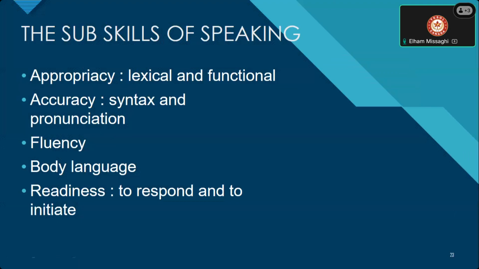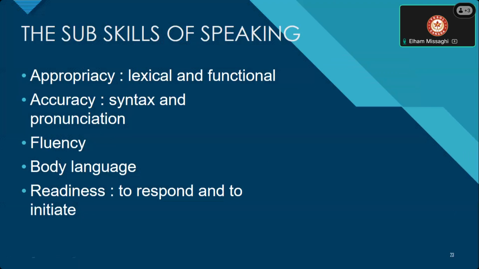So we need to prepare videos and audios for our students to watch, to see their body language, because body language is different. Intonation is different. Even the pace of speaking is different. Just listen to Italian. The pace of speaking is much faster than English. But listen to Persian, the pace is much slower.